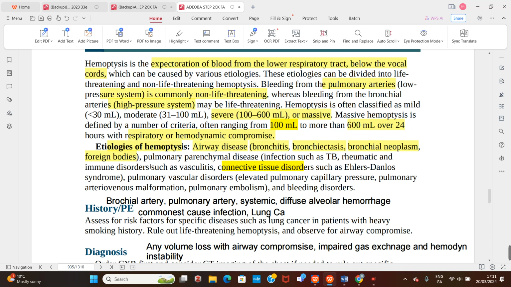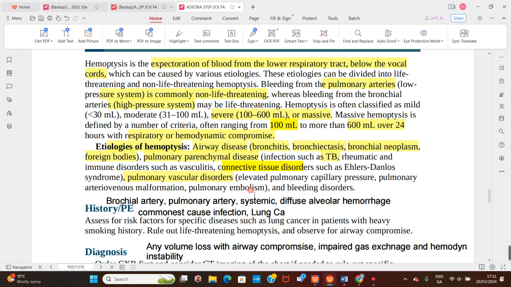Now, somebody with pulmonary parenchymal disease, just remember tuberculosis. That's number one for pulmonary parenchymal disease. Tuberculosis. Remember aspergillosis. Remember tuberculosis. Then you go to the pulmonary vascular disorders.